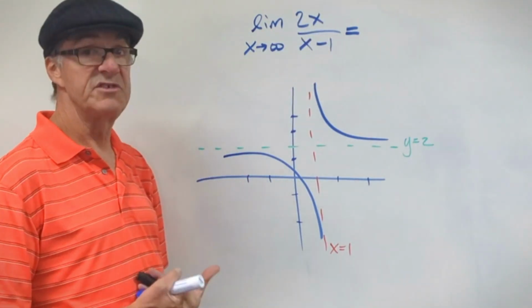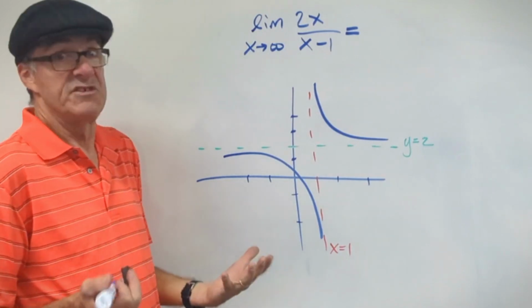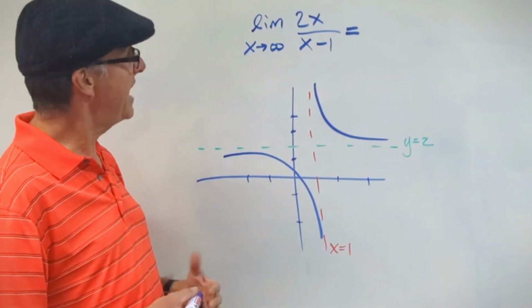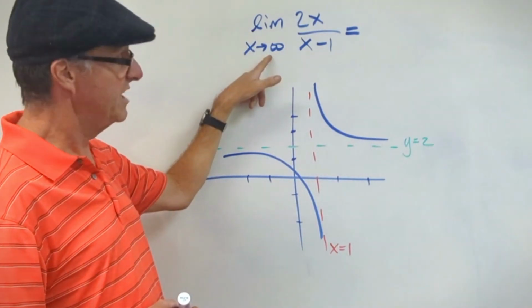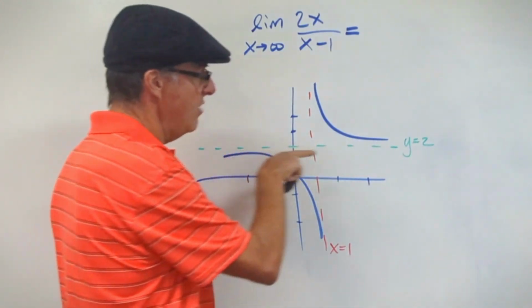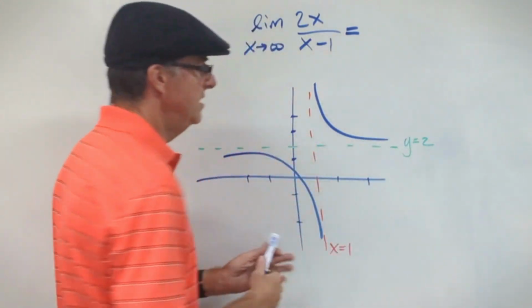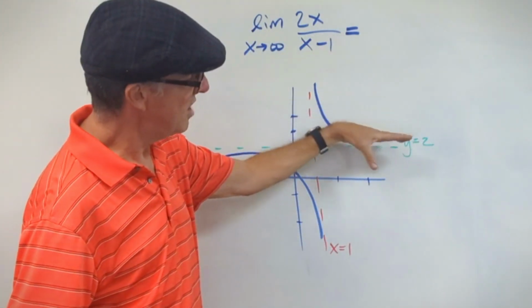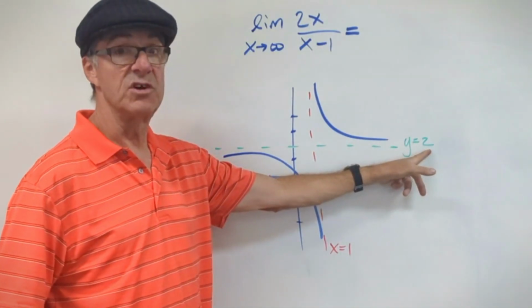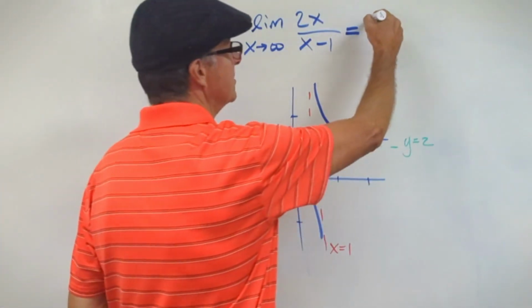So that's going to reduce down to 2. However, the graph is really good. It shows us exactly what's happening. As x approaches infinity, as x goes out here all the way to infinity, y is dropping down, getting closer and closer to this asymptote, which is 2. So that gives us our solution.